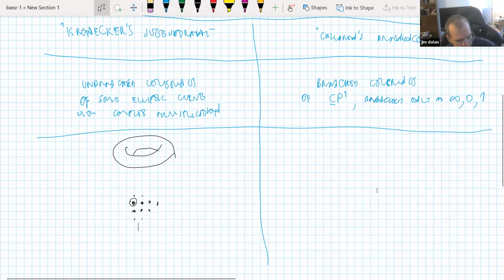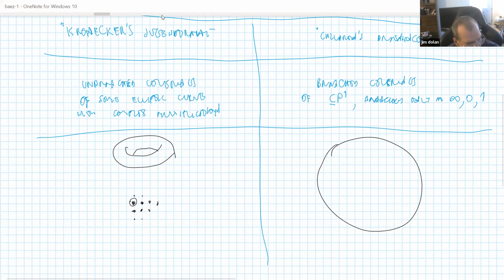The thing that's going to be analogous to this over on the right-hand side is the sort of universal child's drawing.